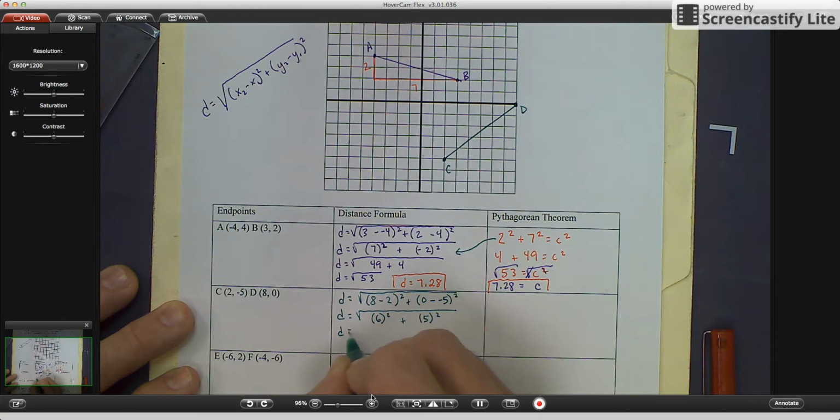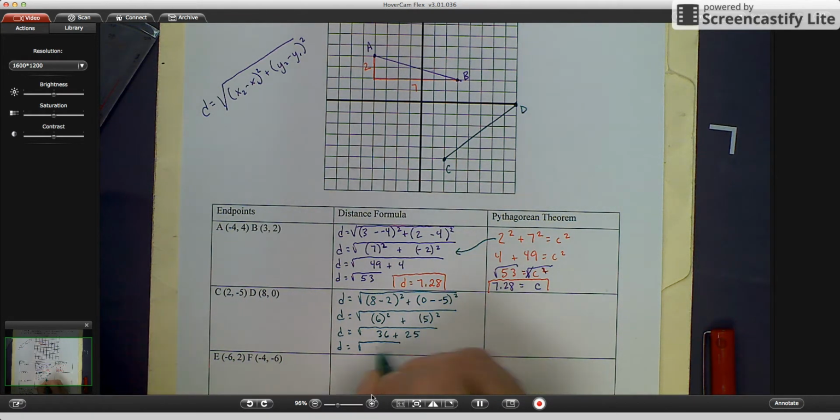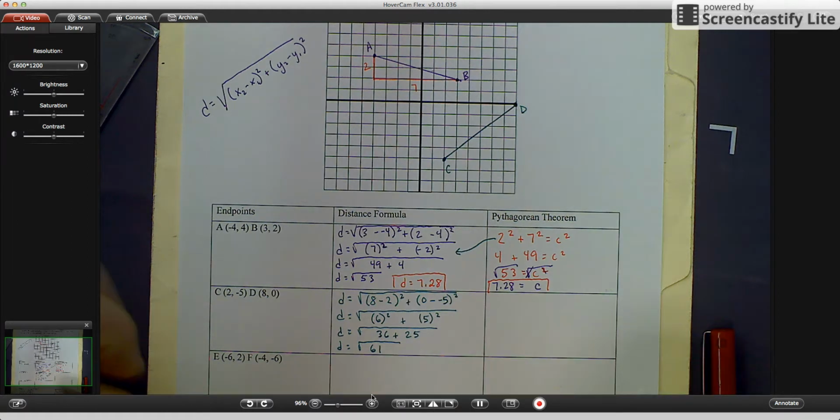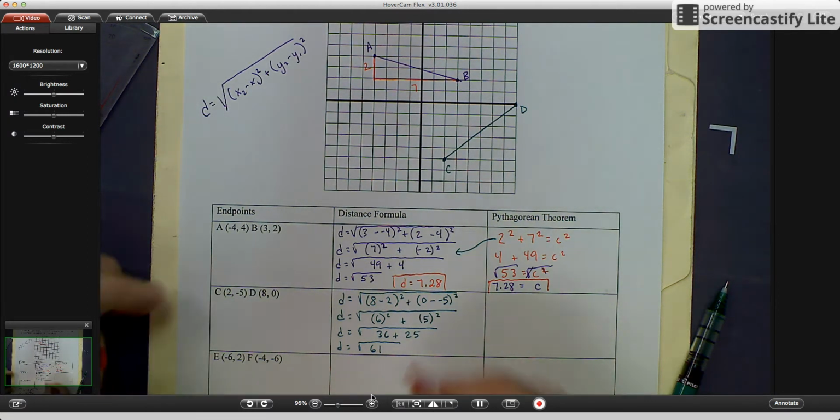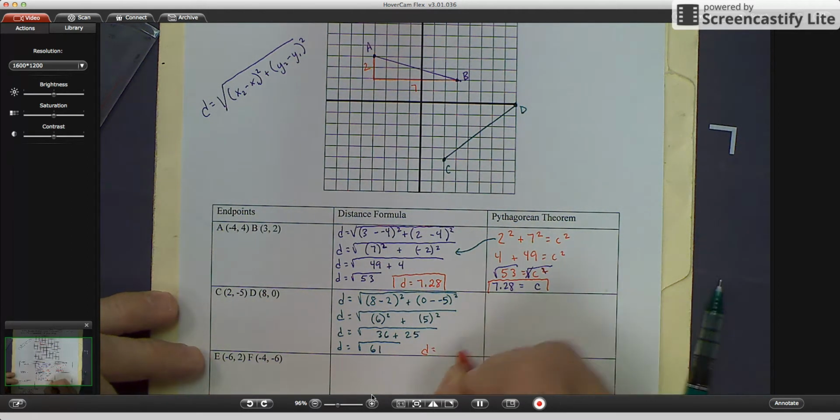And then we go D is equal to the square root of 36 plus 25. D is equal to the square root of 36 and 25 would be 30 and 20 is 50, and 11 would be 61. And when you use your calculator, you learn that the square root of 61 is equal to 7.81.